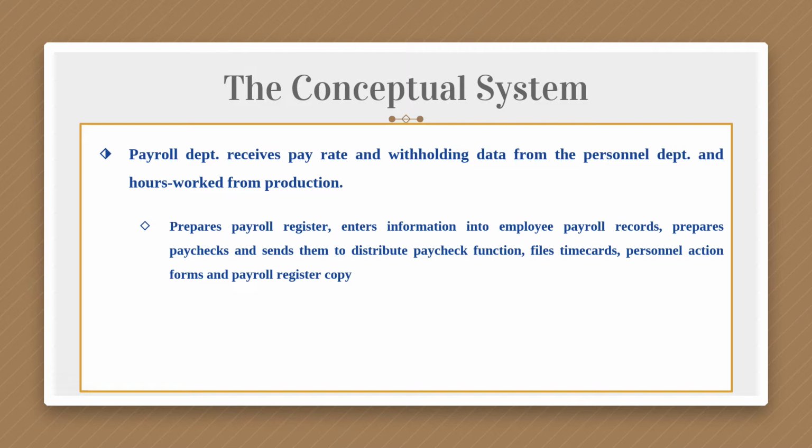So by reconciling the pay rate and withholding information from the personnel department with the hours worked from the production departments, they have a point of control to reconcile the records.